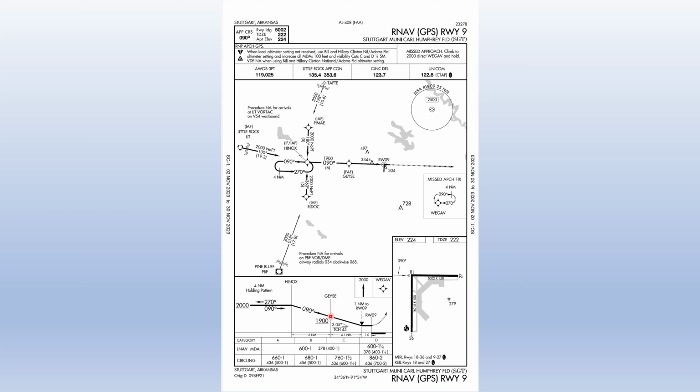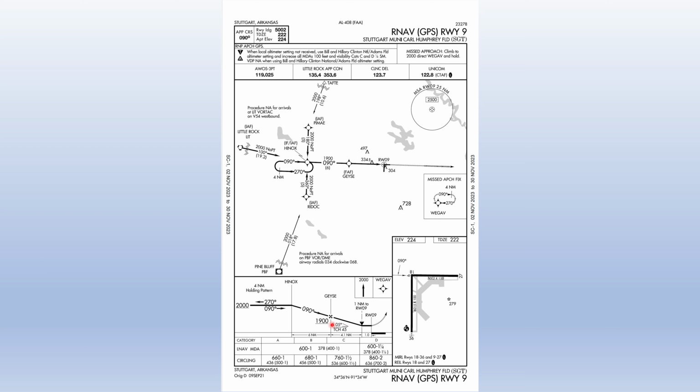And that's where, once we cross that fix, we will start our descent towards the runway on the final approach segment. It does tell you that if you calculate a descent path, the optimal descent path for this approach is going to be 3.05 degrees. We will use that to calculate our targeted descent rate and use it to calculate our cross-check points.